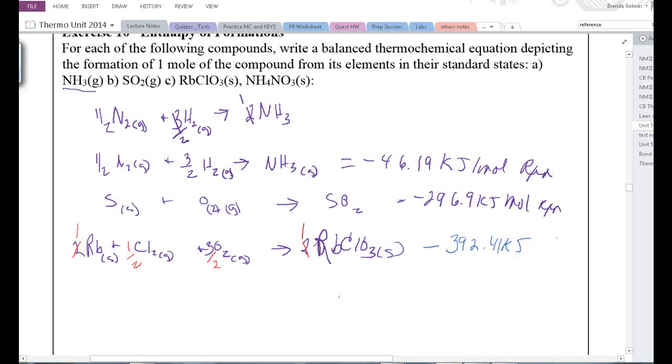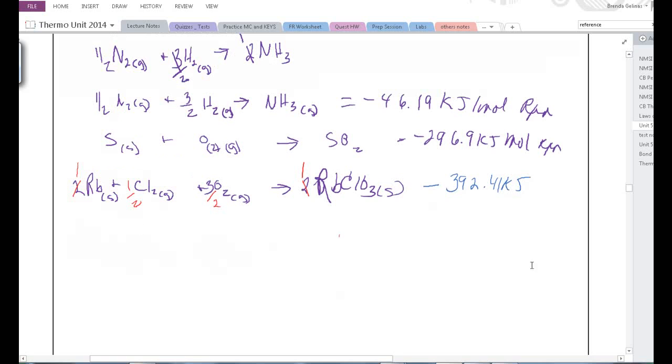And the last one here is ammonium nitrate, which looks like it's a solid, and I'm going to make that from nitrogen, hydrogen, and oxygen, all of which will be gases at their standard states. I'm going to need 2 nitrogens. I've got that. I've got 3 oxygens, and I'm going to need to double that to get 3. So this becomes 4 and an N2.